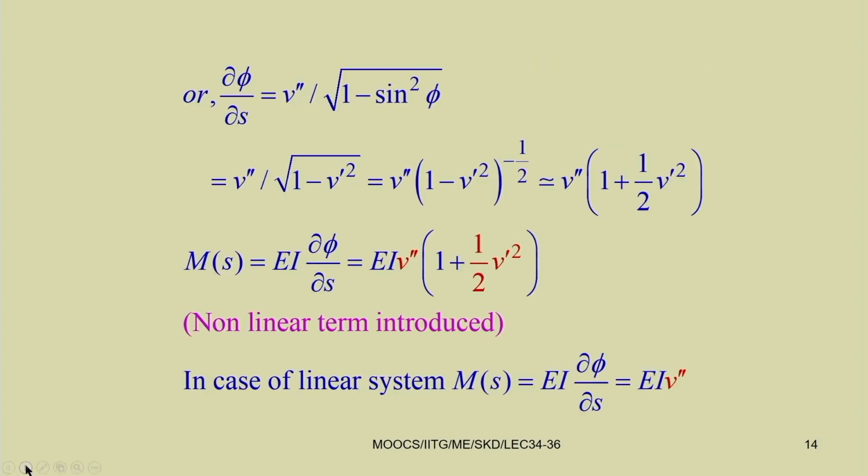That way we can write del phi by del s equal to v double dash divided by root over 1 minus sin square phi, that is v double dash divided by root over 1 minus v dash square.